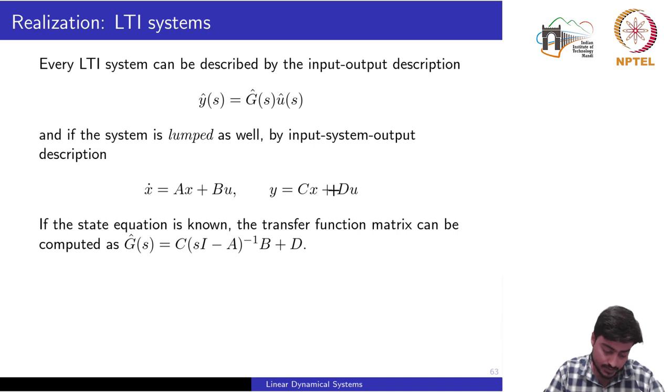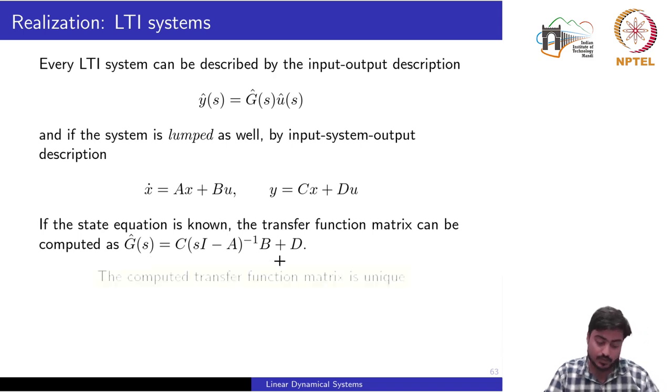We also know that if the state equation is known, the transfer function matrix can be computed as this one. We saw this in the last lecture, about their equivalence, the algebraic equivalence and the zero state equivalence. Now this realization problem deals with the converse problem.